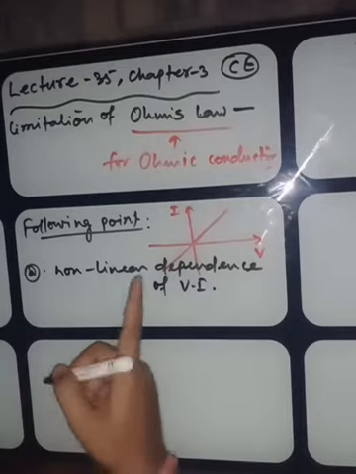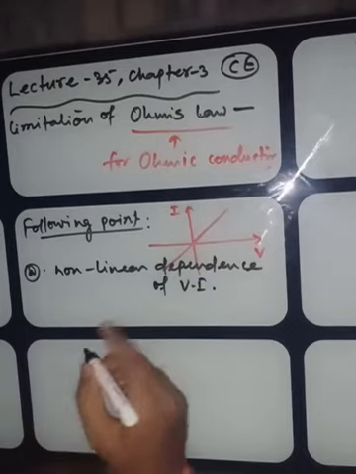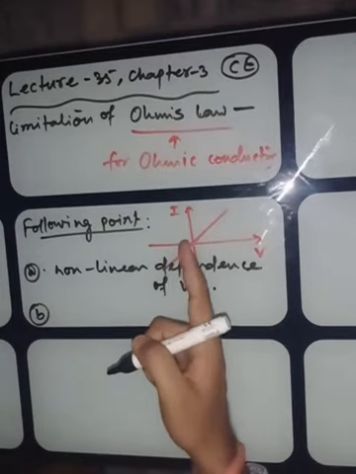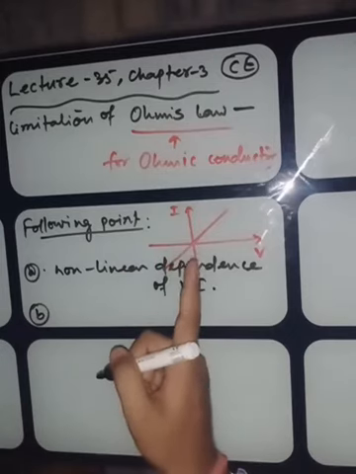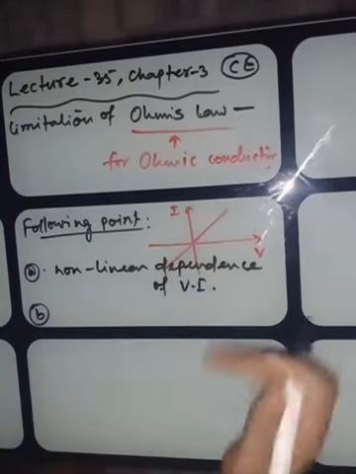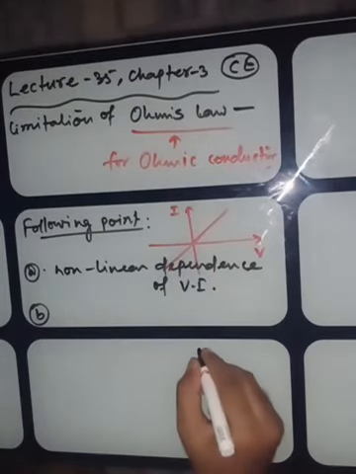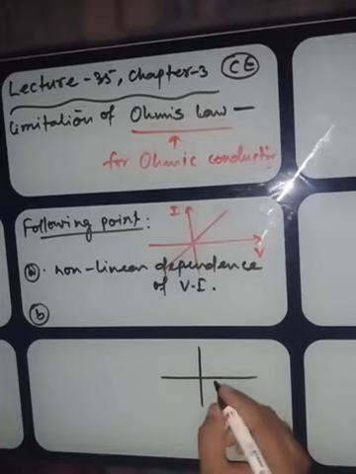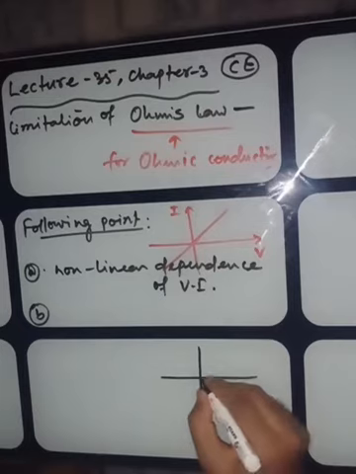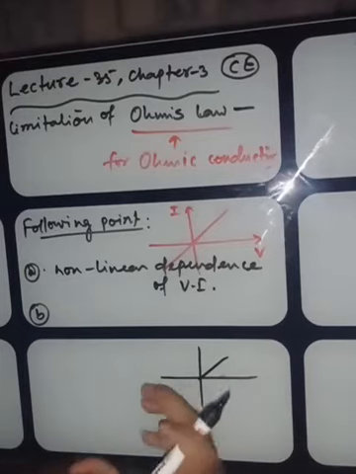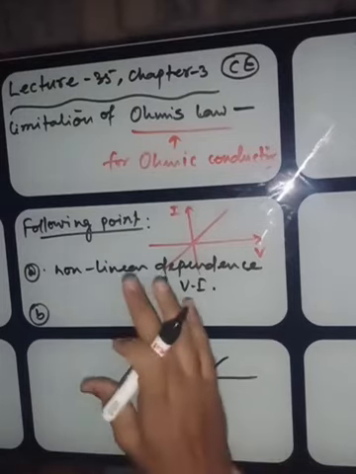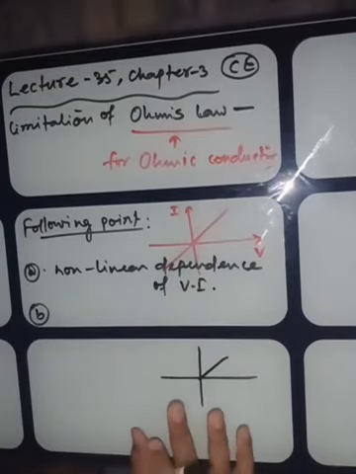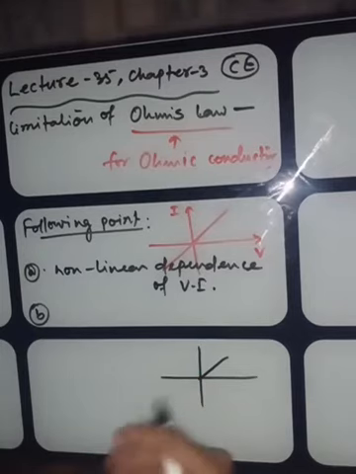The conductor will not show non-linear dependence. The second is, for the same value of voltage, the graph of VI depends upon the sign of voltage.